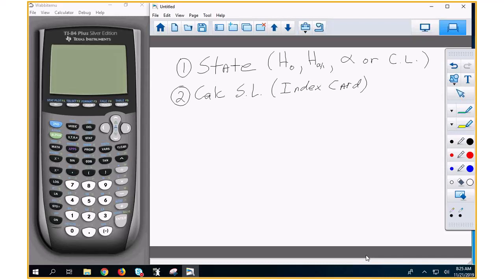Is it a two-tailed test? Is it a one-tailed test? All that stuff, that's where you figure that out. I'm going to put right here one-tailed or two-tailed. Now, one-tailed can be what? On the left, or it can be what? On the right, depending on where your alternative hypothesis is.